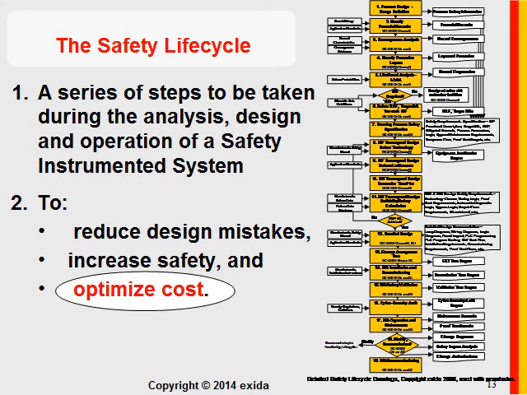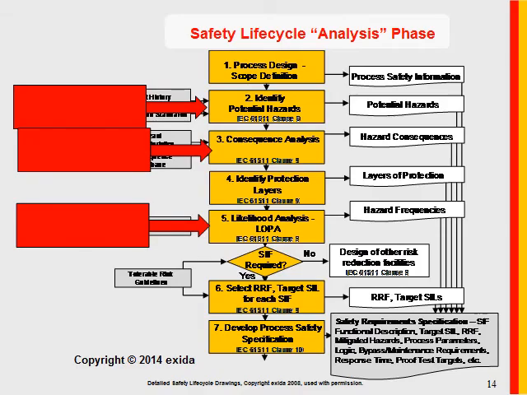I'm not going to do any layer of protection analysis. I'm just going to say everything should be SIL3. Now, SIL3 is the highest SIL level in 61511, and you could argue that that's probably a reasonable approach, but at the same time, we probably all know that a SIL3 safety function is a whole lot more expensive than a SIL1 safety function. So the standard allows us, by following this rigorous process, to design our risk reduction optimally at an optimized cost.